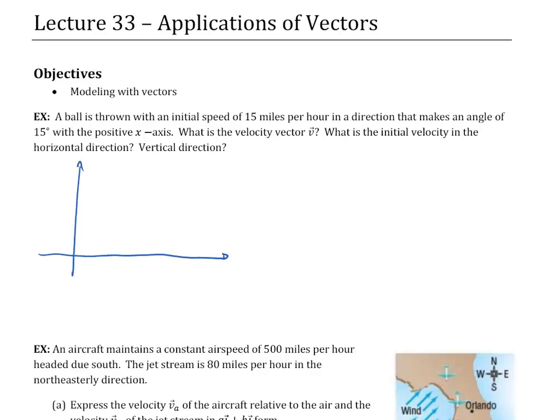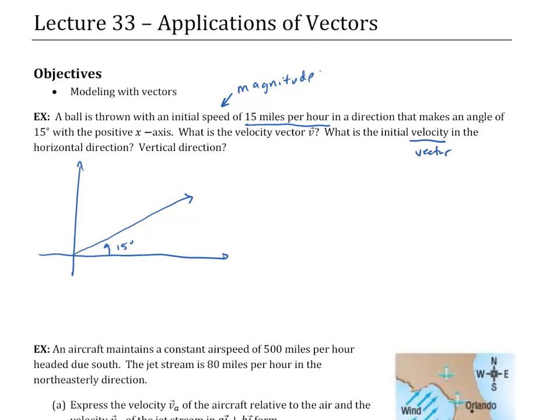We know that we have a vector that makes an angle of 15 degrees with the positive x-axis. We know that it is representing a velocity or a speed of 15 miles per hour. Note that speed is a magnitude, not a vector, but velocity is a vector.